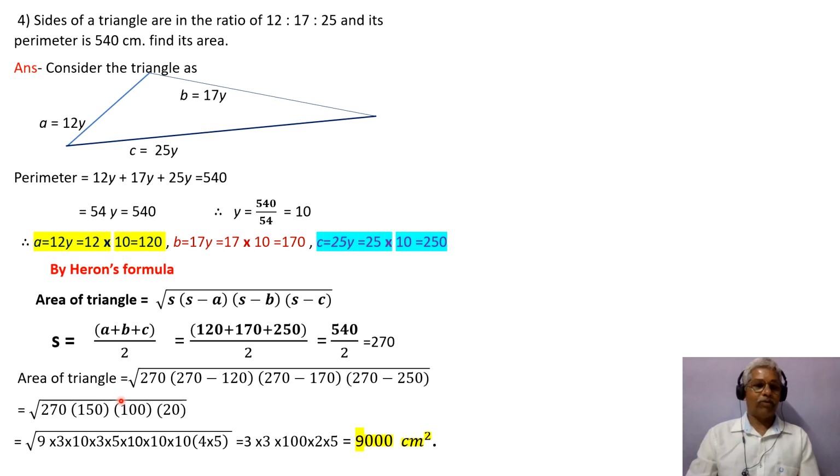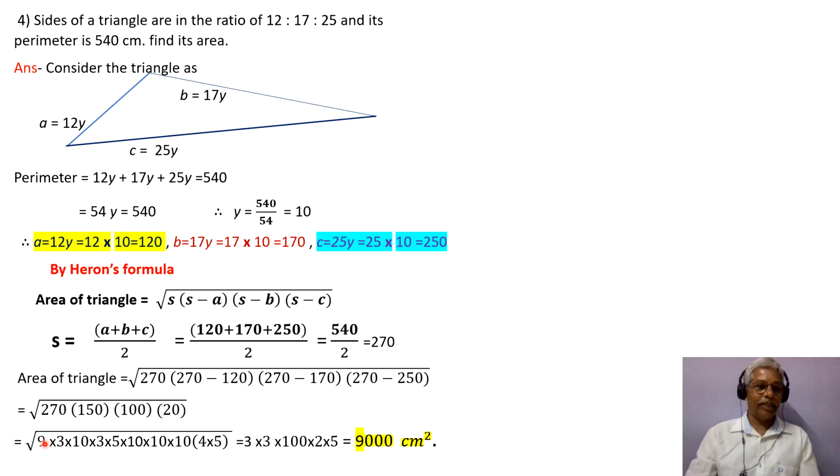Area of the triangle equals root of 270 into 270 minus 120 into 270 minus 170 into 270 minus 250. So this is under root 270 as it is. This is 150, this is 100, and this is 20. Now I am splitting all this for my convenience. Under the root, this is split as 9 into 3 into 10, this as 3 into 5 into 10, this as 10 into 10, and this as 4 into 5.